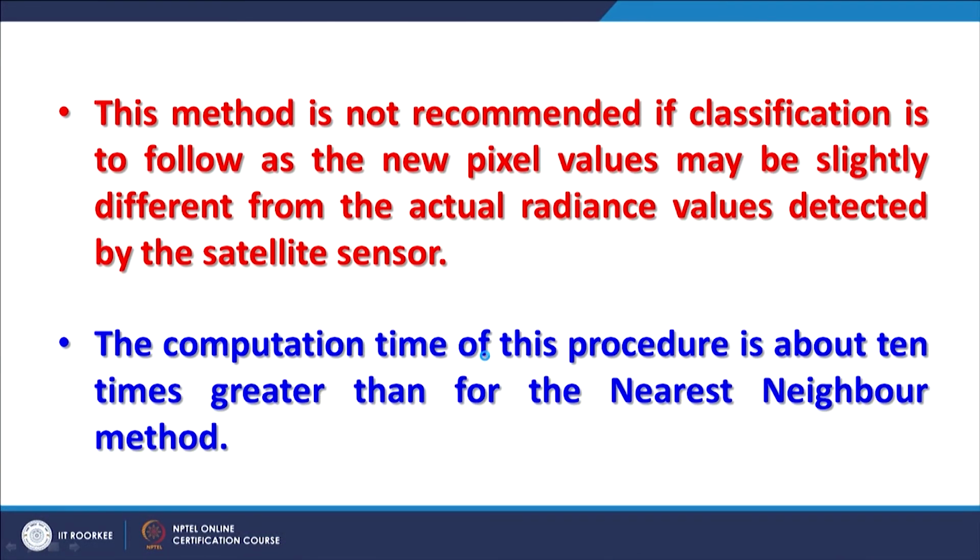And the computation time, of course, is going to be much more than nearest neighbor, because in nearest neighbor only one overlapping pixel is involved. Here 16 pixels have their distance measured, then the weighted average is taken. Therefore, it will take more computation time. So this brings to an end the discussion on this important technique, which is common in digital image processing as well as in GIS.